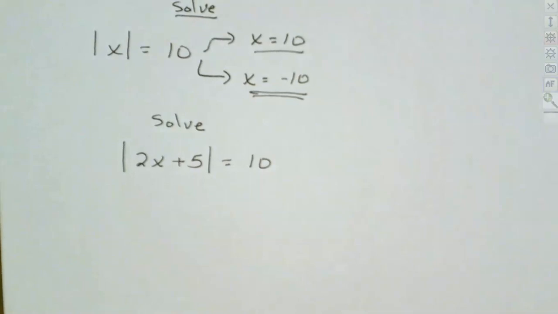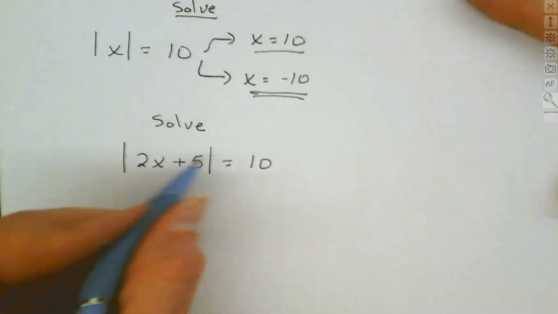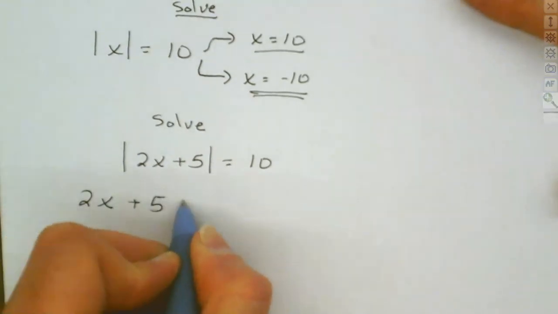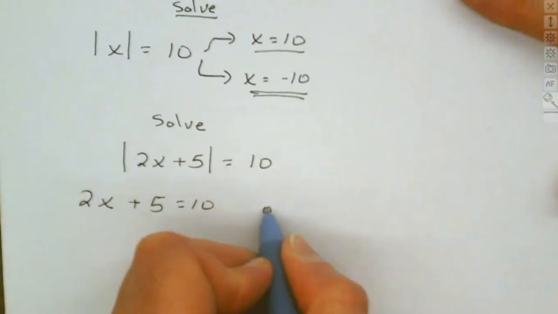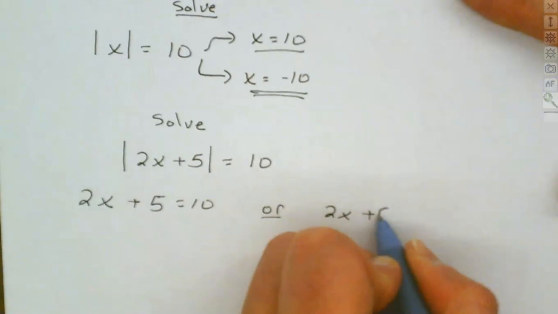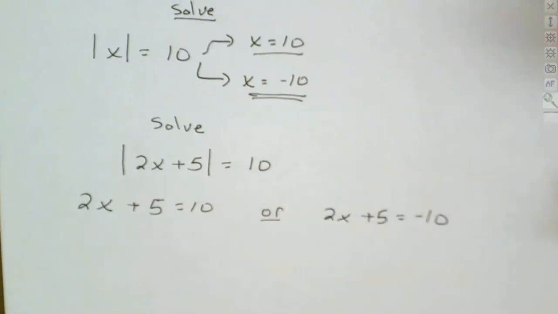To get the two answers, we get two equations. So what are our two equations going to look like? Well, one of them you just drop the absolute value bars. So that's 2x plus 5 equals 10. That's one of them. Or, it's going to be the other one, 2x plus 5 equals a negative 10. You probably remember that from other courses, right? You're going to get two answers on these.